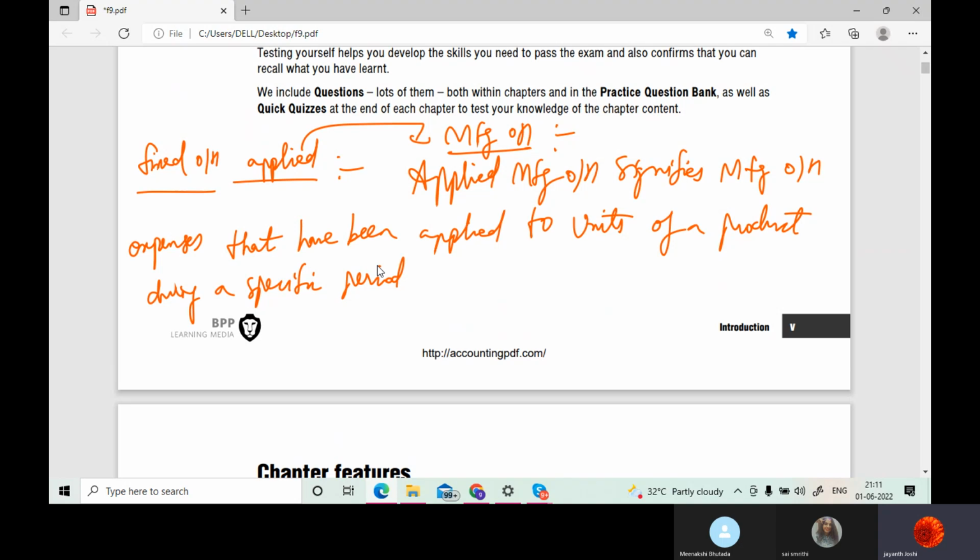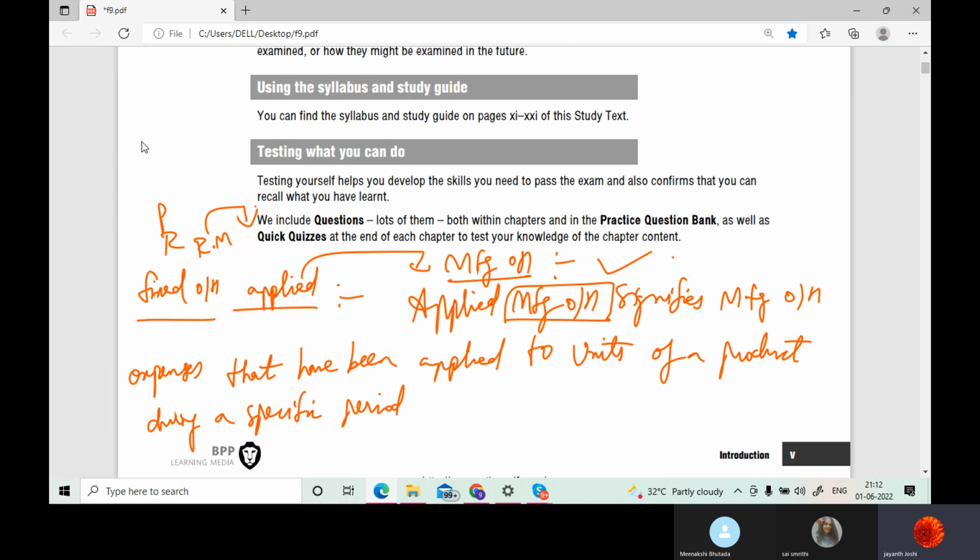You should understand that overheads are not per unit wise. When I speak about price or rate, or raw material, you will be getting a per unit cost of that. But overheads are always total amounts because these are of fixed nature.